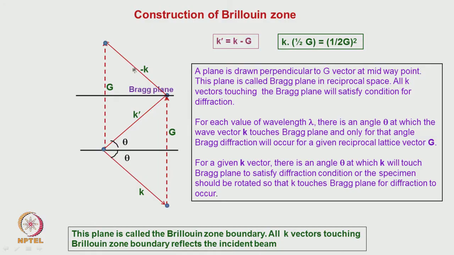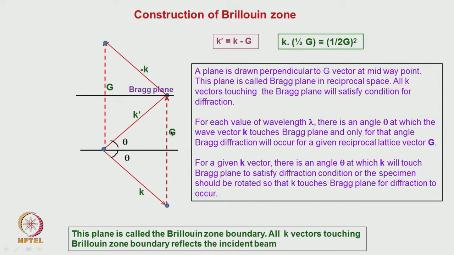How we can look at it is that when a Bragg diffraction is taking place, this is just a mathematical derivation. To try to make sense out of it, this is a reciprocal lattice vector from here to here, this is the incident beam direction, and this is the direction in which scattering is taking place.